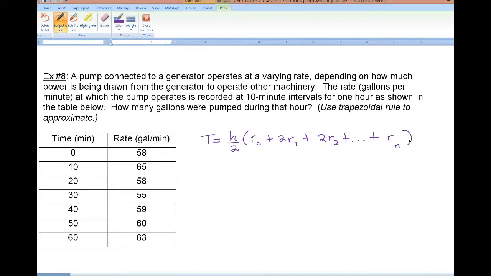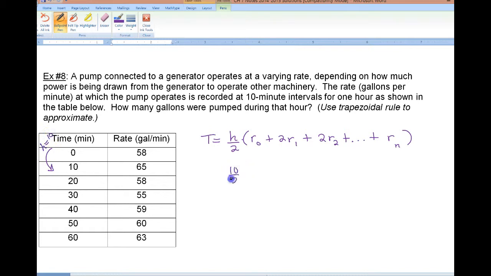We don't have to do separate trapezoids, because remember you always want to check to see if the time interval is evenly divided, right? So it's always 10 minutes. So that's my H, right?